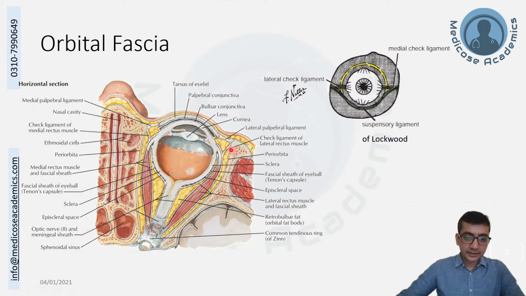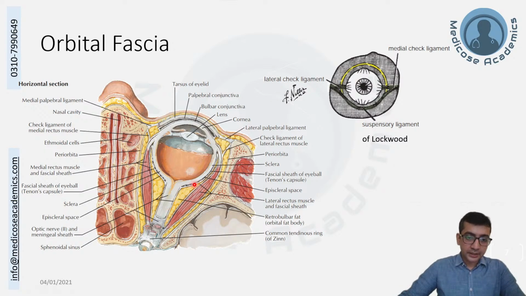You can see that the walls are covered with periosteum on either side, and this periosteum is continuous around the muscles, and this fascia is continuous around the eyeball also. So keep this fascial layer that is outside the eye separate from the sclera, because the sclera is also known as the fibrous coat of the eyeball.